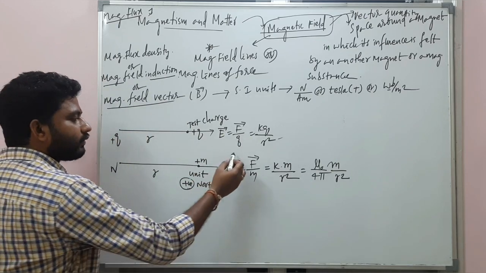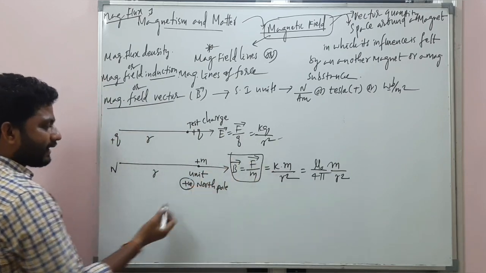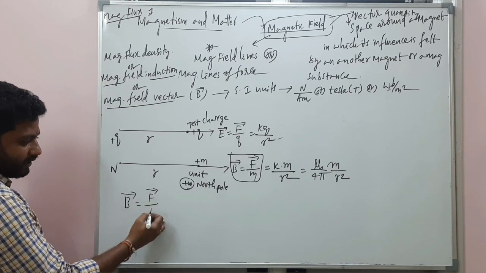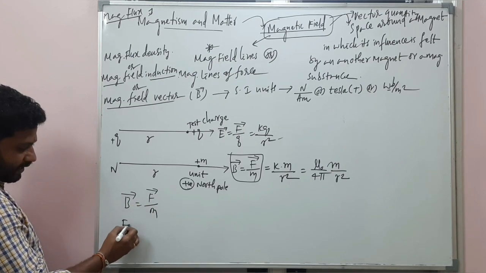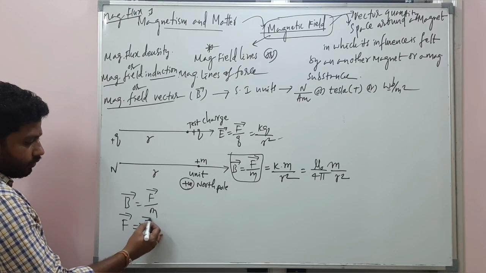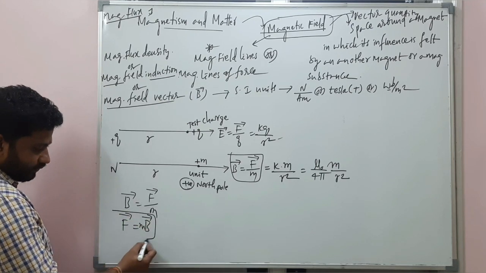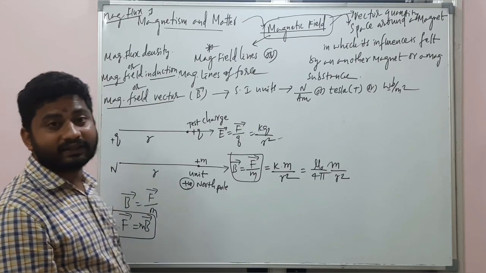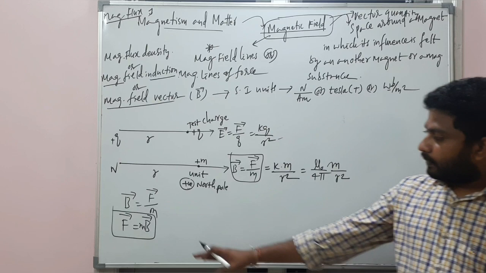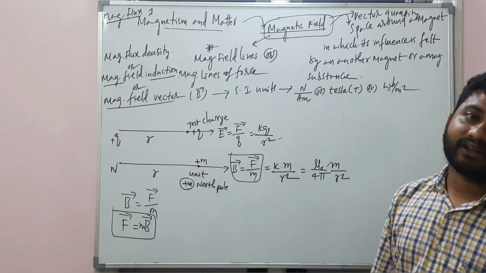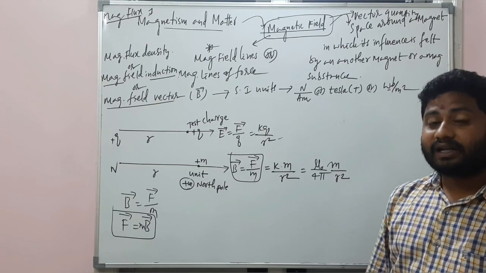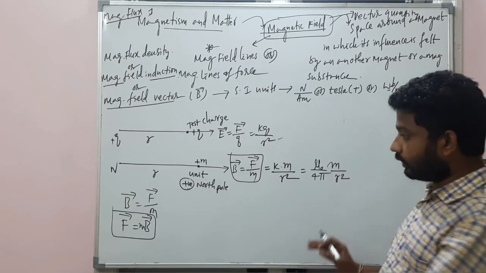So finally, this is the magnetic field. B bar is equal to F bar by M. So this can also be written as F bar is equal to M into B bar. Remember, this equation will help us a lot in further derivations in the next sessions. F bar is equal to M into B bar. What is F bar? Magnetic force. M.